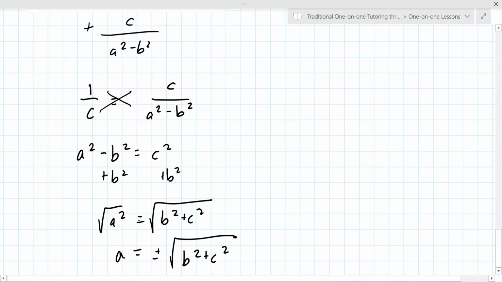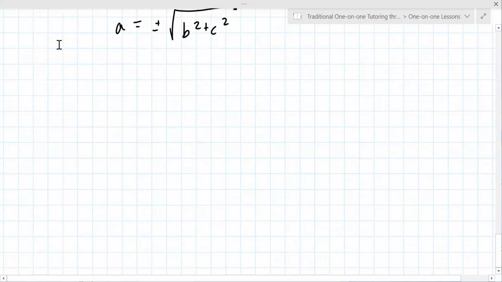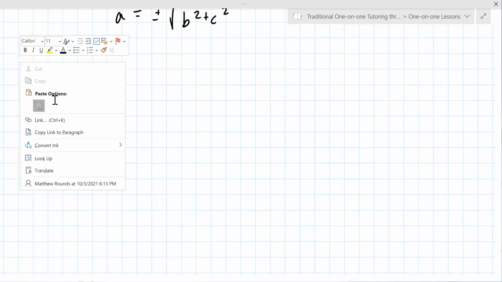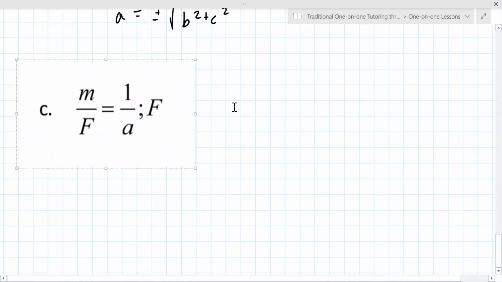Okay, we'll do letter C. Letter C is kind of an interesting one. A lot of times students forget how to get a variable out of the bottom. One way is to cross multiply like we just did. I like that a lot.